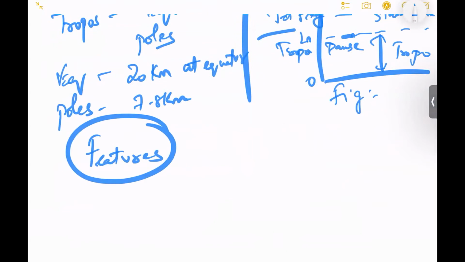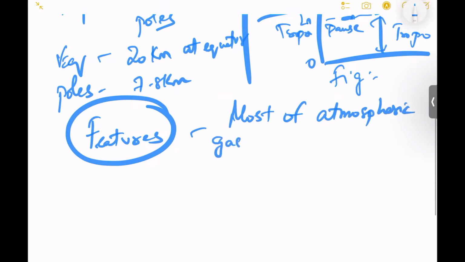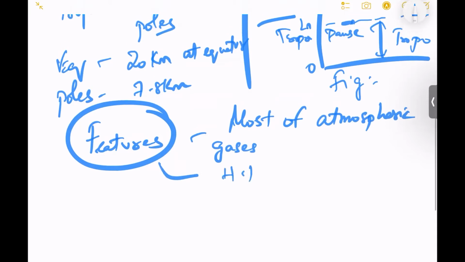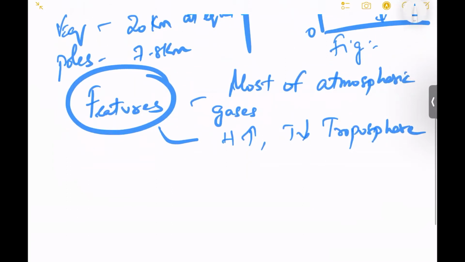Most of the atmospheric gases are present in troposphere. Yesterday we saw one feature of troposphere: as the height increases, temperature decreases, by around 6 degrees Celsius for every kilometer.